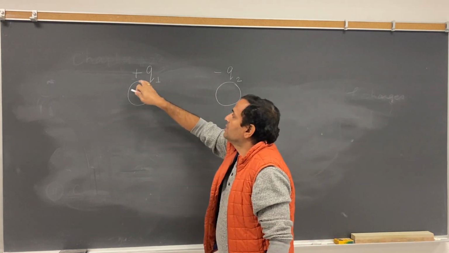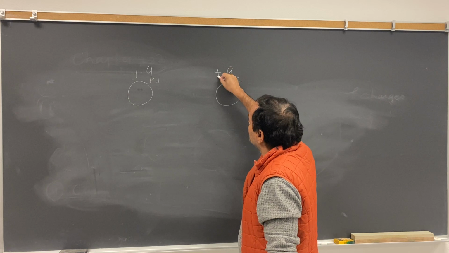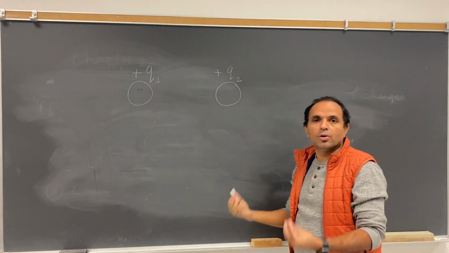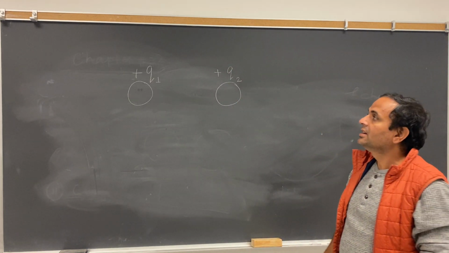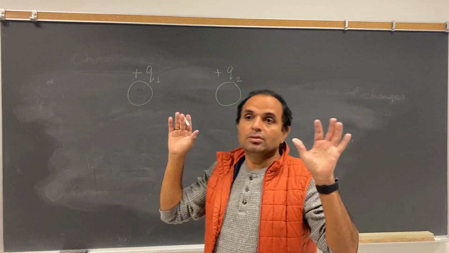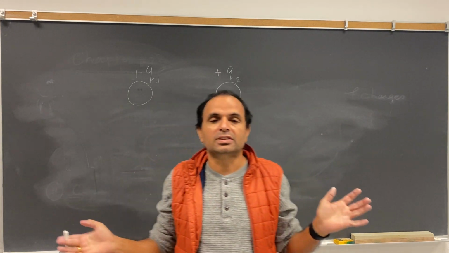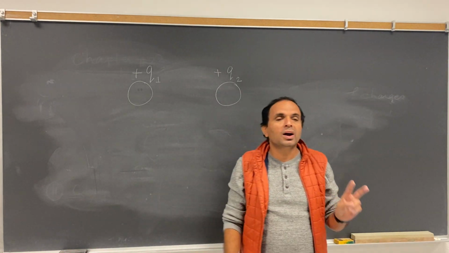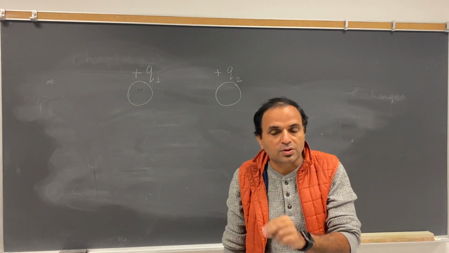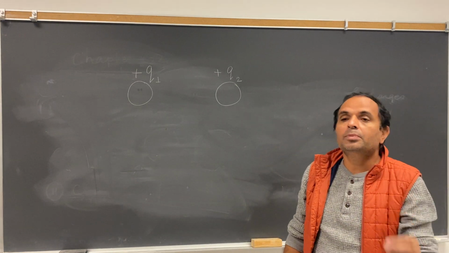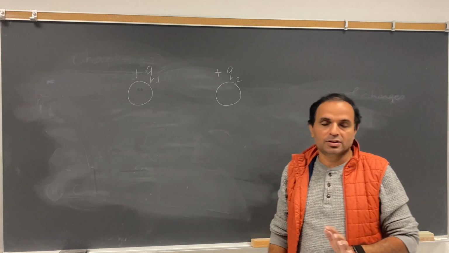And if this is positive and this is also positive, both charges are positive, they are like charges, then in this case the force between them is a repulsive force, they repel each other. That's why the electrostatic force can be attractive as well as repulsive.